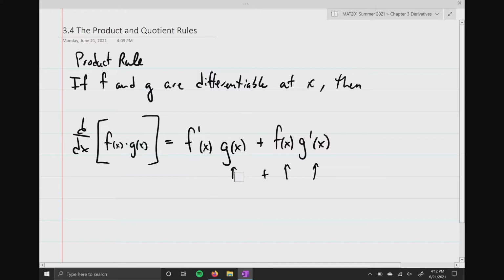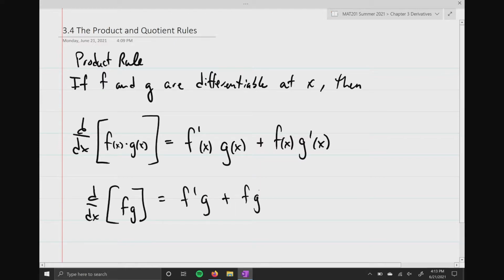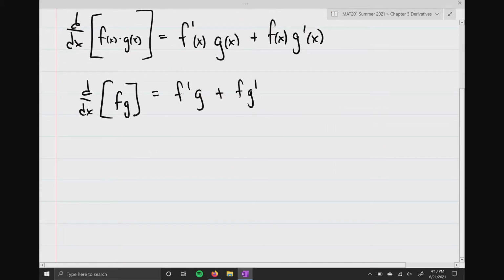Okay? A quick and easy way to remember this is just remember you have two different functions, f and g, f prime g plus f g prime. Okay? So let's go ahead and look at a really easy example.